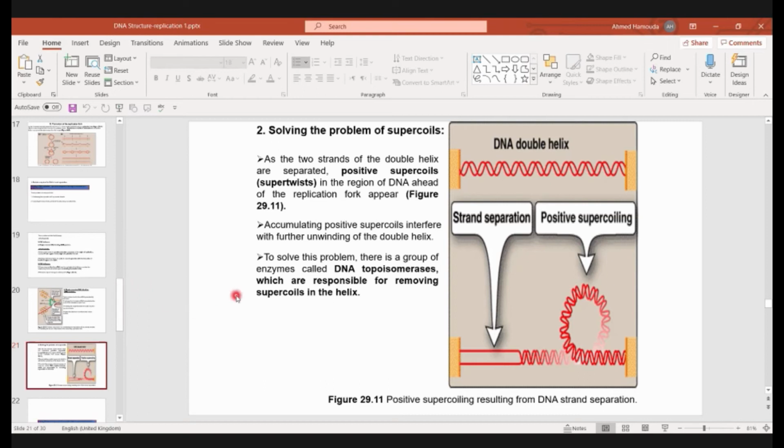So the topoisomerase relieves the strain during DNA synthesis, helicases open the DNA strand, and the binding proteins protect the DNA.